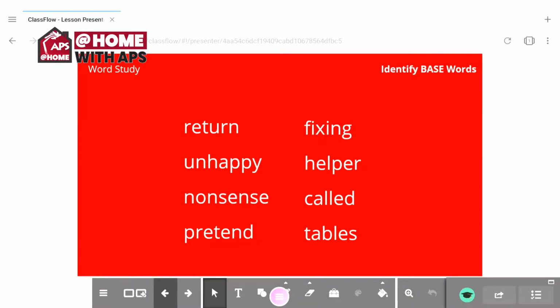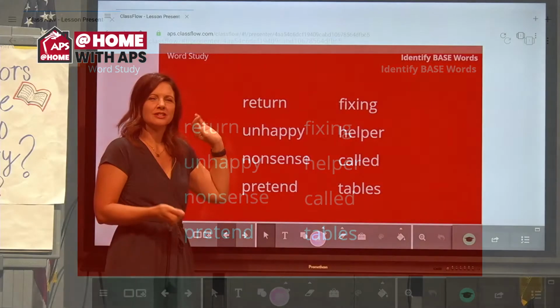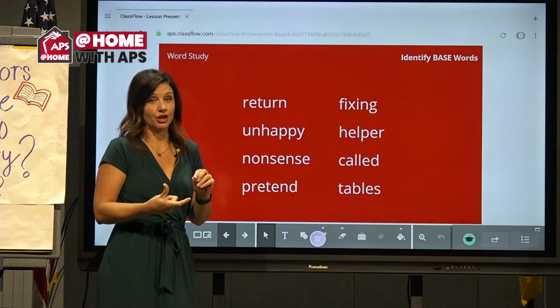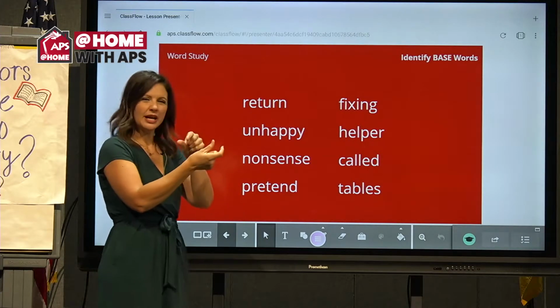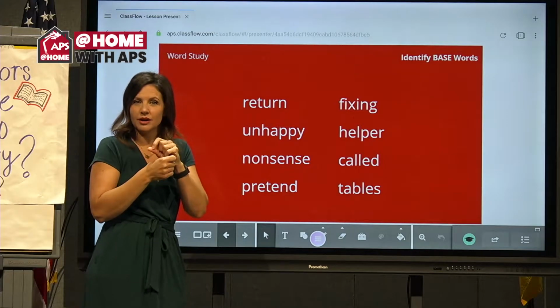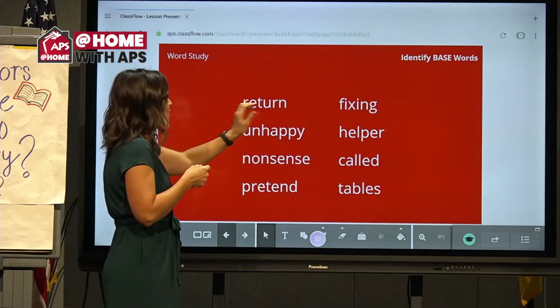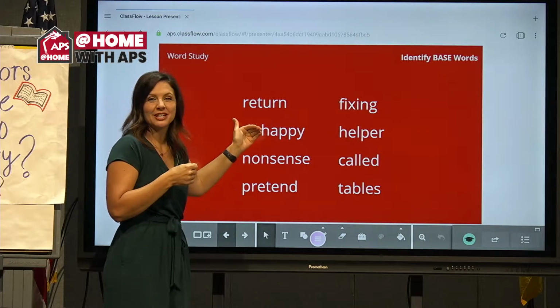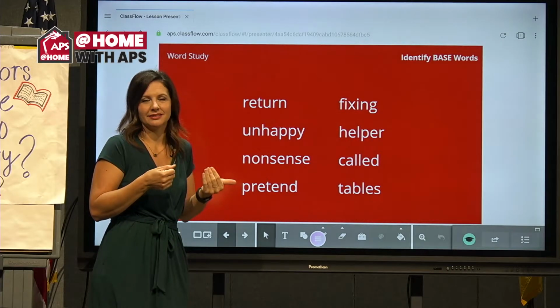Here is a list of words. Let's try and find where is the base word. The first word is return. I hear the word turn. And re on its own is not a word. So the base word must be turn. The next word is unhappy.